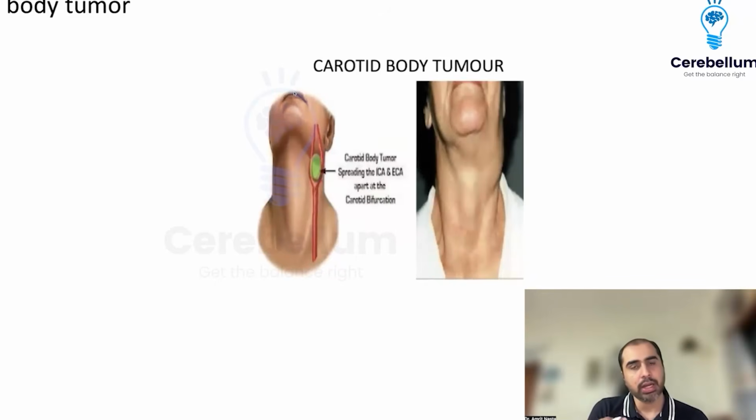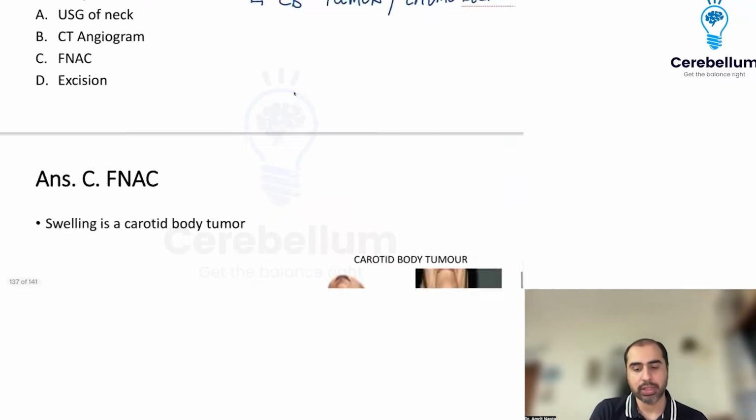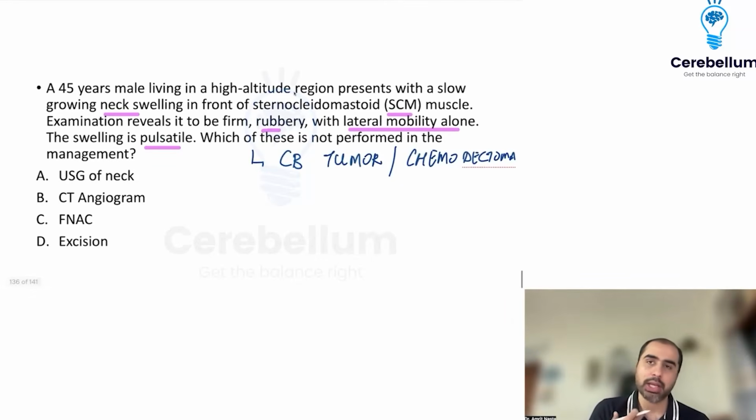It is basically hyperplasia in the setting of chronic hypoxia. Because he's at high altitude, because of hypoxia, that body undergoes enlargement. Because it's arising from the carotid body, do not do any FNAC or biopsy. That is contraindicated, especially since it is pulsatile.